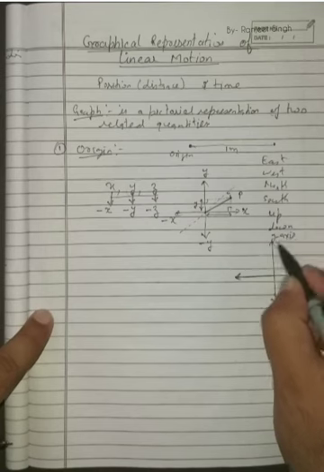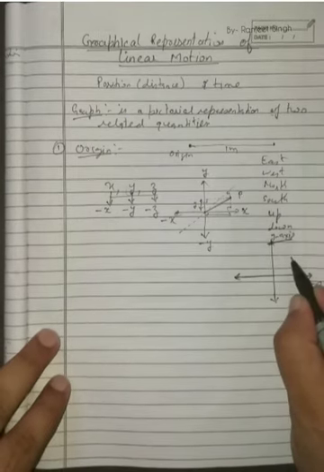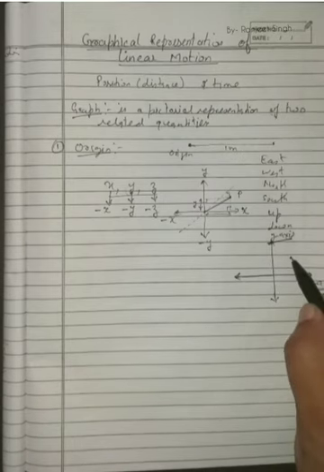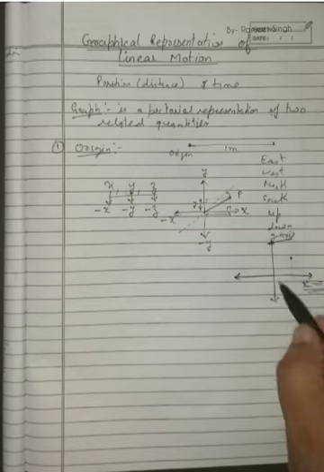So in this plane, every point has an address. If I locate one point here, this point has an address. To find that address, we check how much we have to move towards the right and how much we have to go upward on this plane.